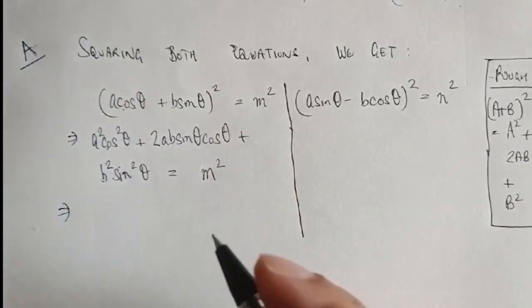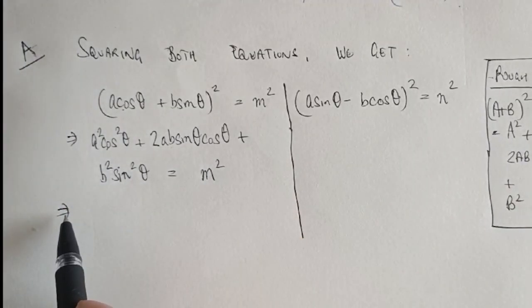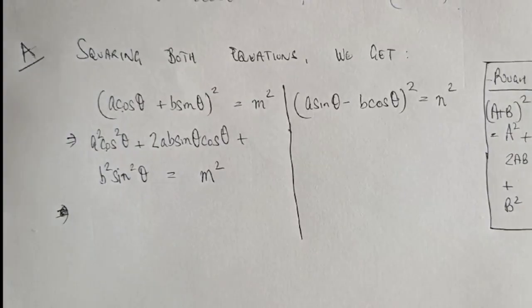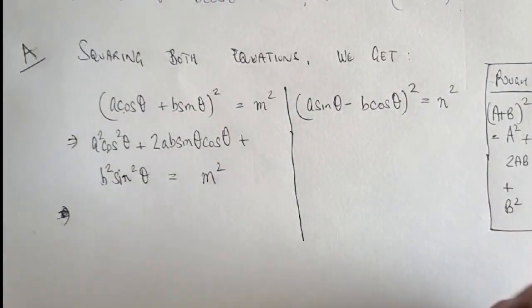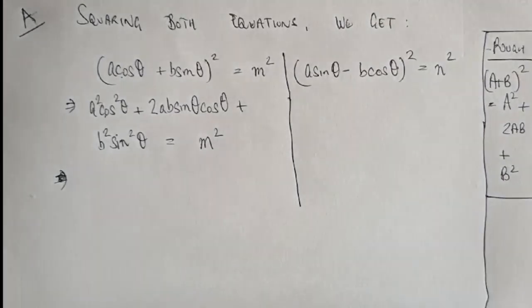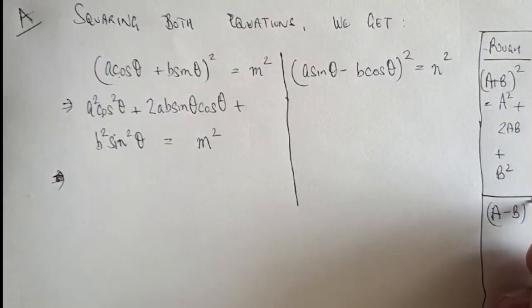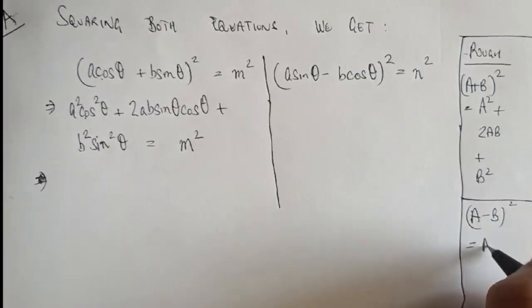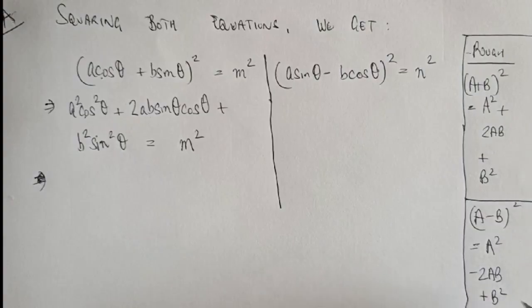Then that gives us, we will just keep it at this for the time being. Similarly, squaring this, what does this give us? Now, putting some more rough work here. So, rough 2, a minus b whole squared is equal to a squared minus 2ab plus b squared.